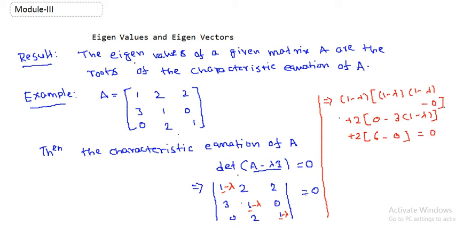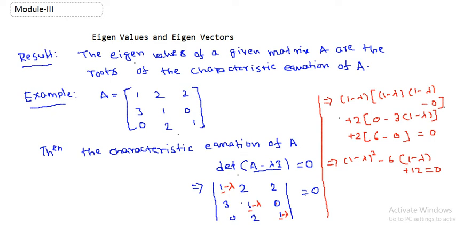So what do we get? We get (1 minus lambda) whole square, and here we get minus 6 into (1 minus lambda) plus 12 equals 0. So this is our characteristic equation of this matrix.